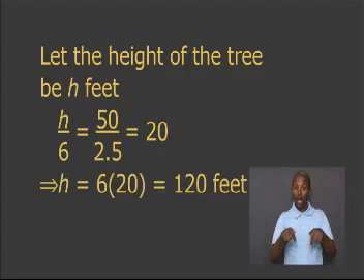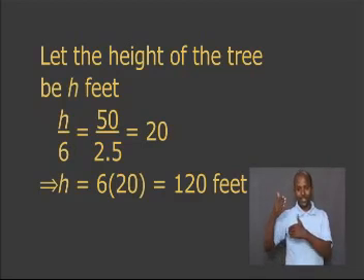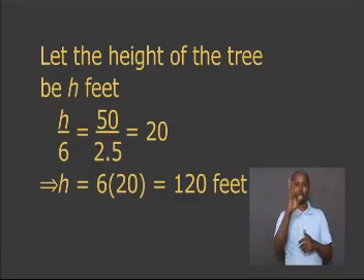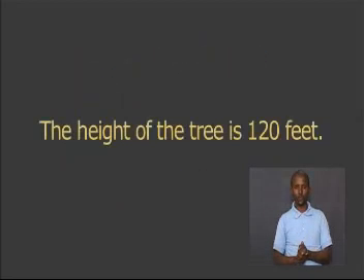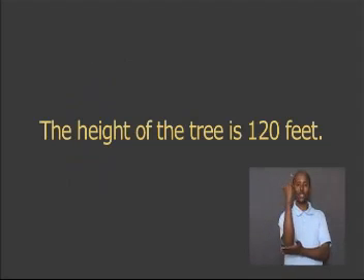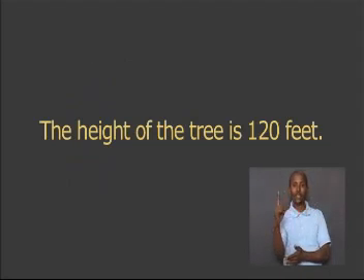Now let us solve for h. We multiply each side of the equation by 6, so we find that h equals 120. Therefore, the height of the tree is 120 feet.